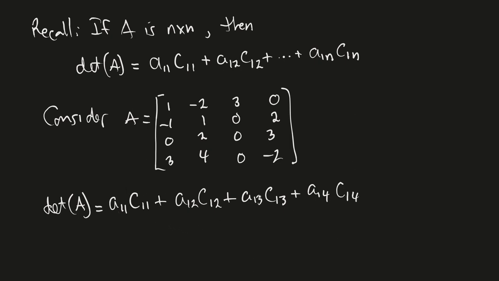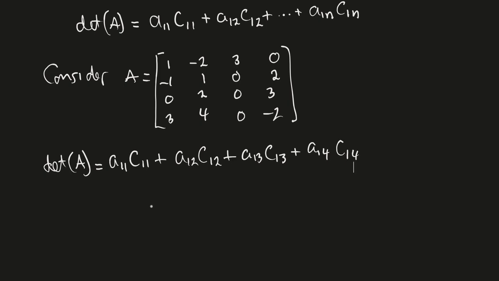So what do we have? We have the 4 numbers that we need. We have the A's, because those are entries in our first row, and we have definitions for our cofactors. So let's write it down and see what it looks like.